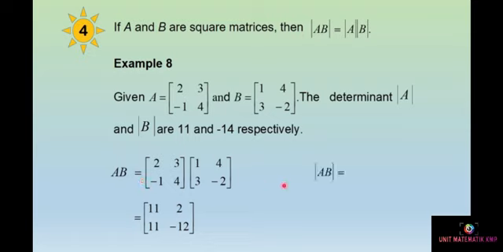Then find determinant AB. Write in determinant form by using AD minus BC. So 11 times negative 12 minus 2 times 11. Then we get the answer negative 154.